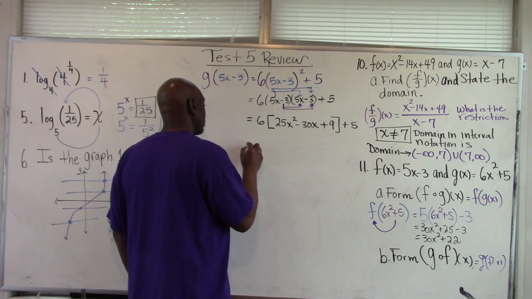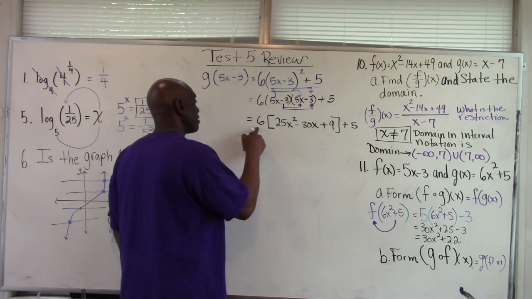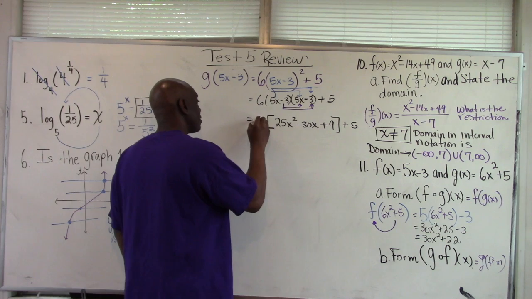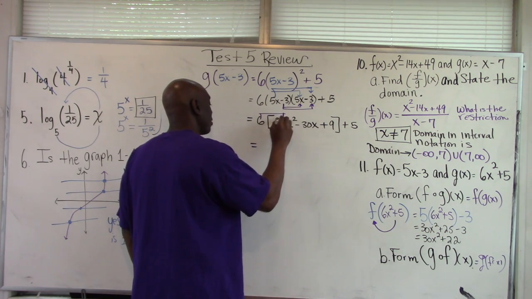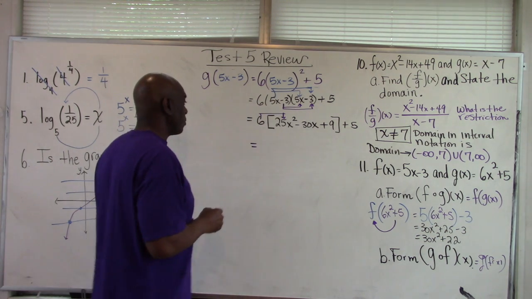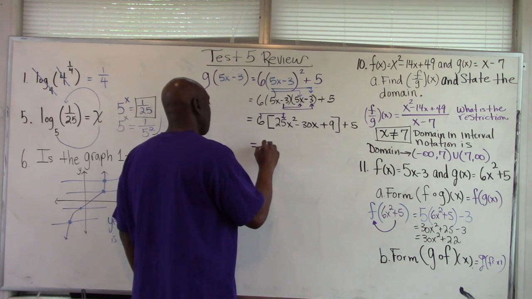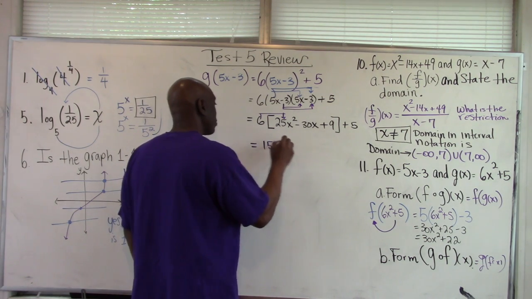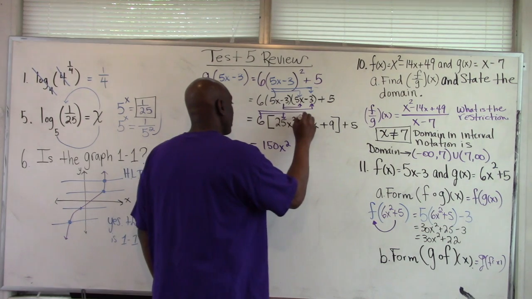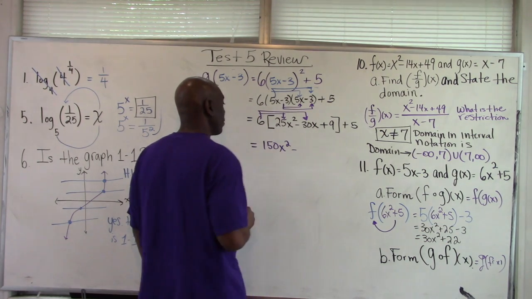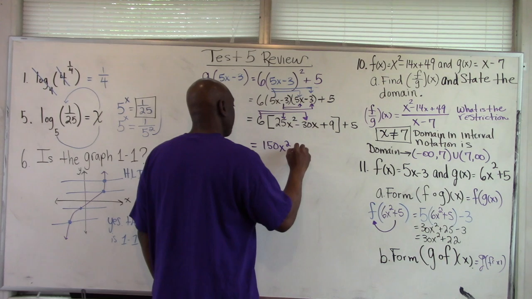Okay? So what is this going to equal? So now you take 6 and distribute it. 6 times 25x squared, well, that's going to be 150x squared, and then 6 times negative 30, that's going to be minus 180x.